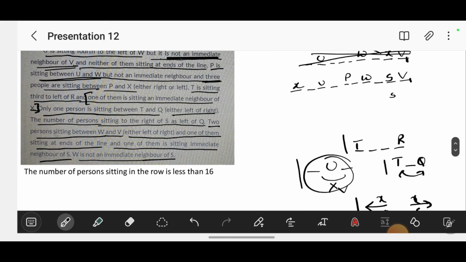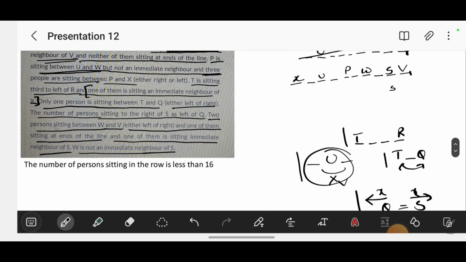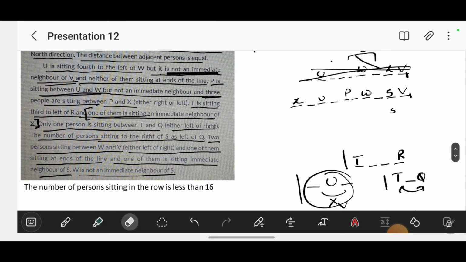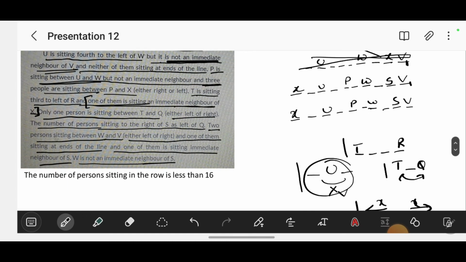Okay, let's see the subpoints. T and Q, there was one person in between, and we know that one of T and R is sitting immediate neighbor of X. In this case, we take two conditions. For your reference, I am taking the two conditions again. What are the two conditions?